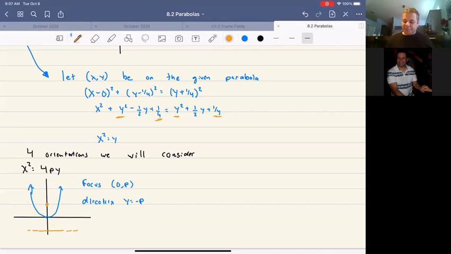The next one is x squared equals negative 4py. In this case, it's oriented down.